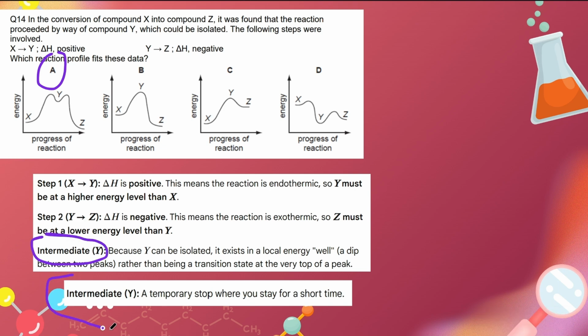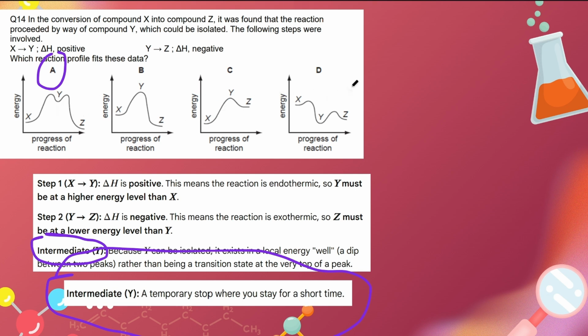I put it here for you guys in case you are unfamiliar with it. An intermediate is a temporary stop where you stay for a short time. Because there's no way this compound just suddenly transitions to Z. No, we need a temporary stop, and then it does a transition again to Z. So this makes the answer correct.